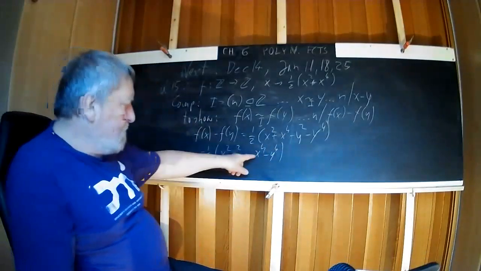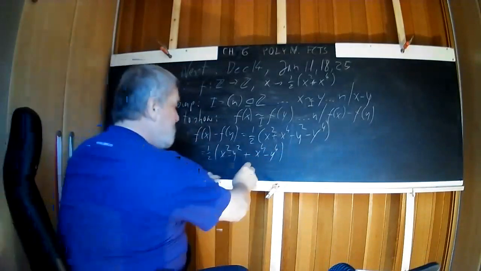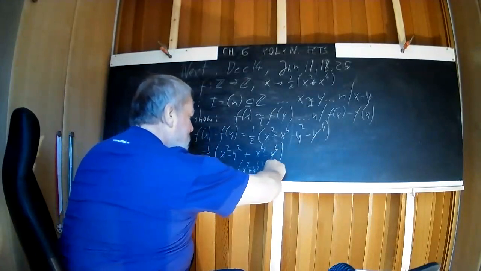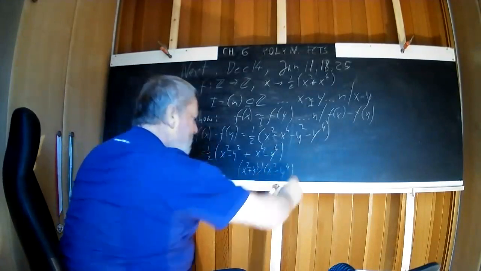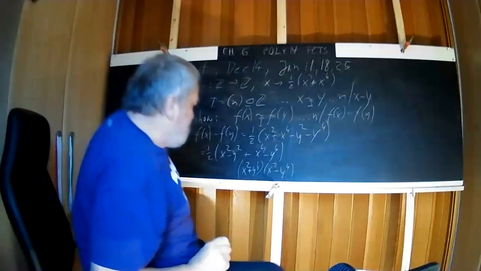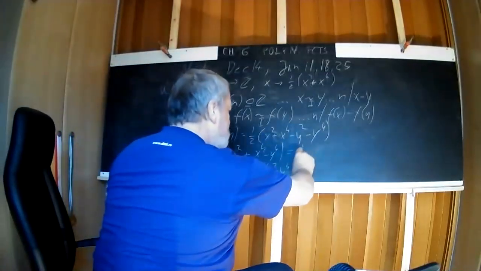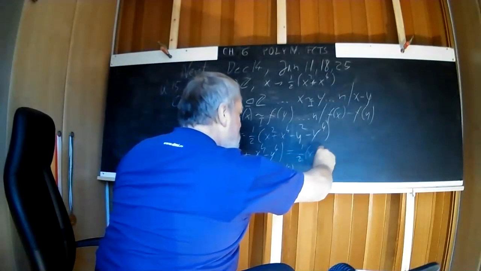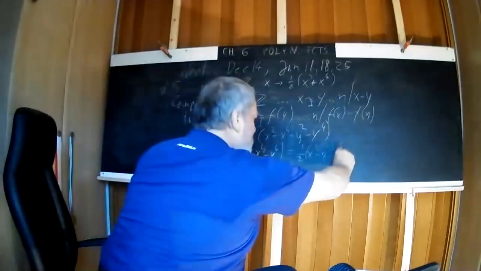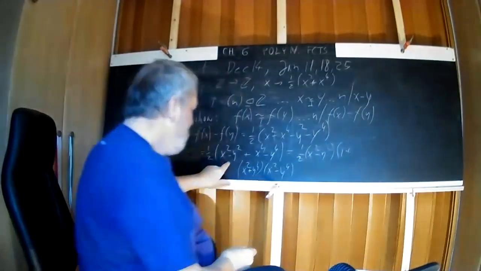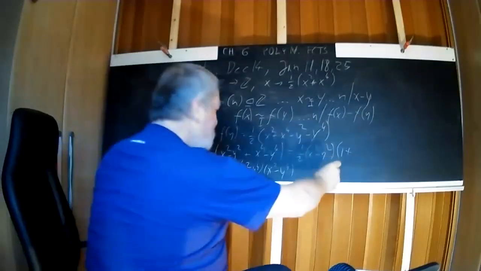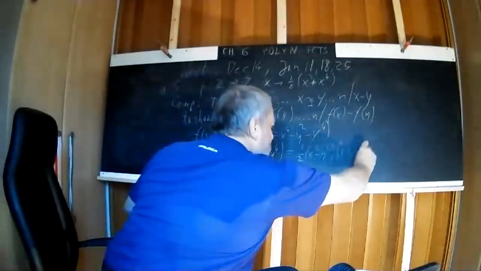Now you can see that x to the 4th minus y to the 4th is just x squared plus y squared times x squared minus y squared. And so we can factor out x squared minus y squared. And what remains here is 1 plus x squared plus y squared.